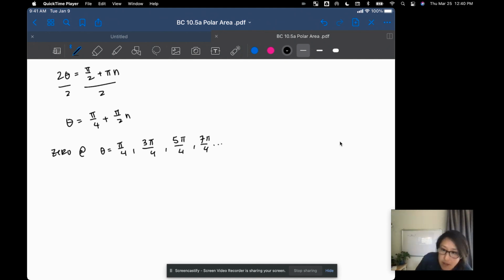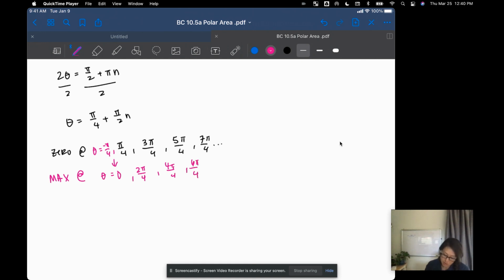It continues on, okay? And then the max values of a rose are halfway in between those thetas. So I am going to extend out my angle to be negative pi over 4, then pi over 4, so that I can see that my max value is halfway between, which is 0. Halfway between would be 2 pi over 4, then 4 pi over 4, then 6 pi over 4.